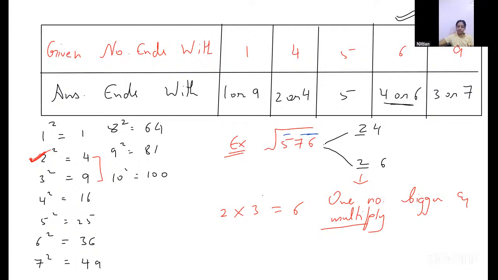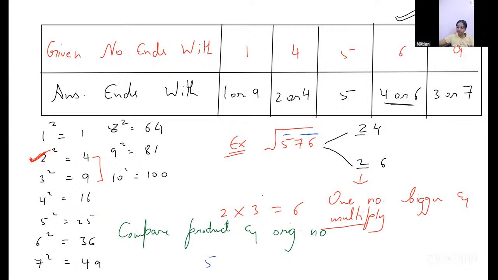Now, compare. We will compare the product, which is 6, and the original number, which is 5.